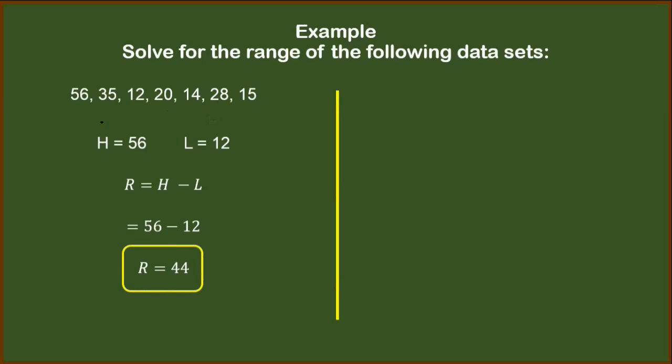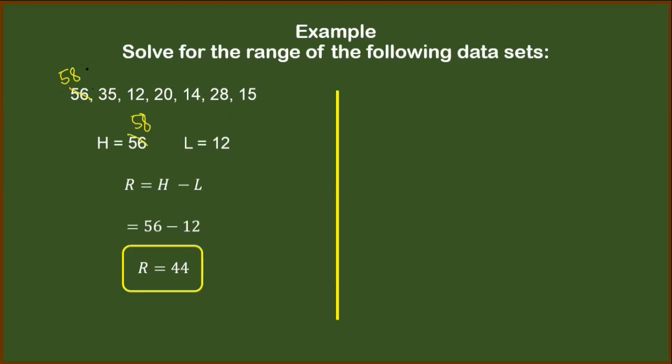If, for instance, the highest value was changed into 58, do you think the range will also be affected? Of course, because range just involves the highest and the lowest value. This is the reason why earlier we defined range as a measure of variation that is easily affected by the extremes or the outliers.